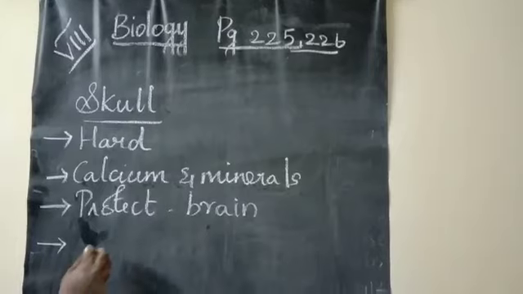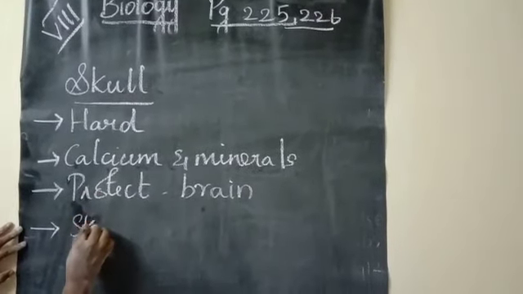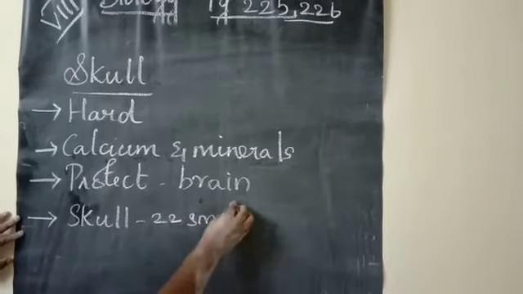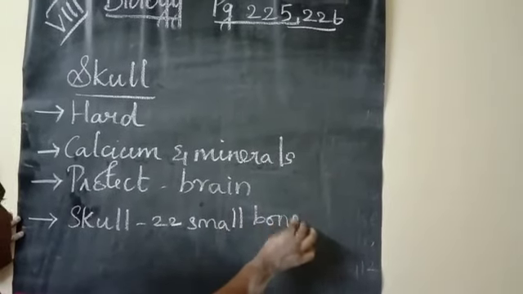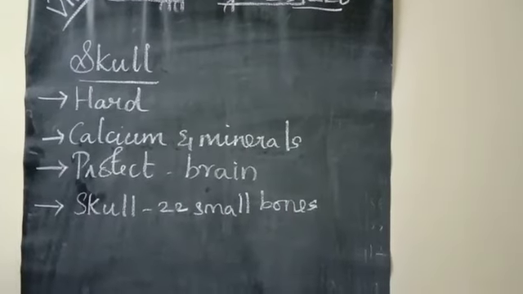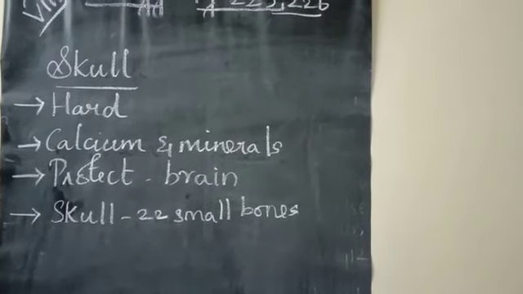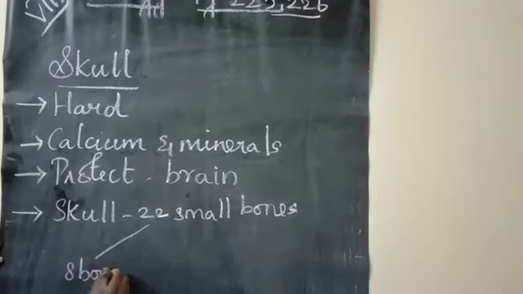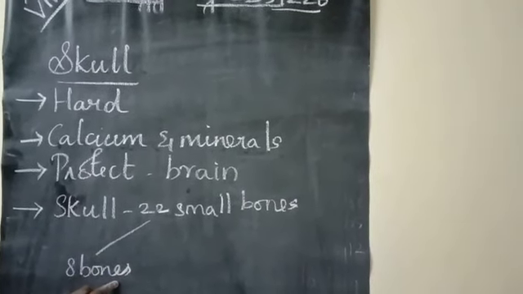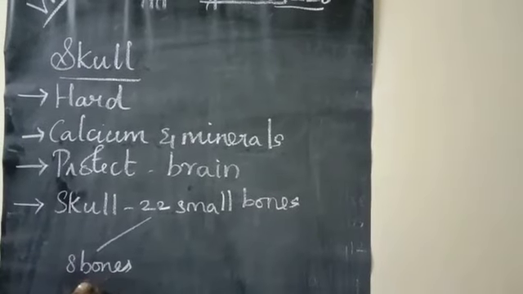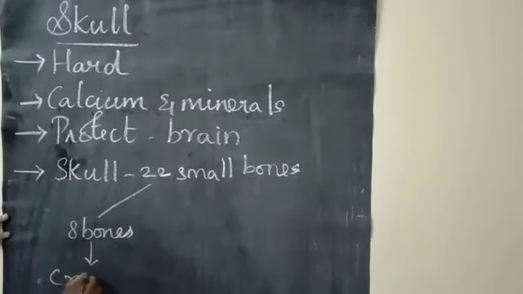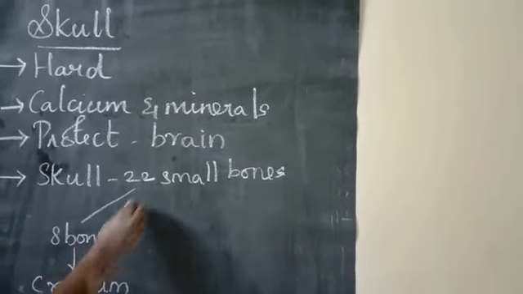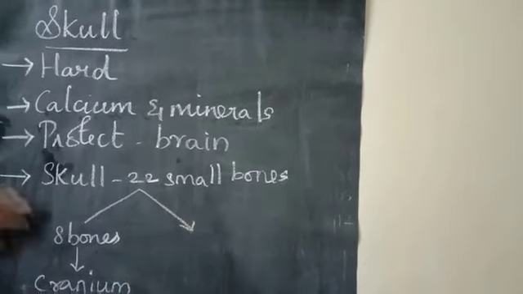And a skull is made up of 22 small bones. Okay. In these 22, 8 bones are attached to the cranium. The cranium is nothing but the skull region, that is the top region, the head region we can say.